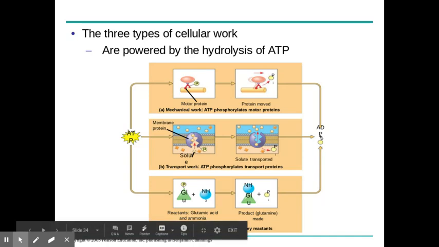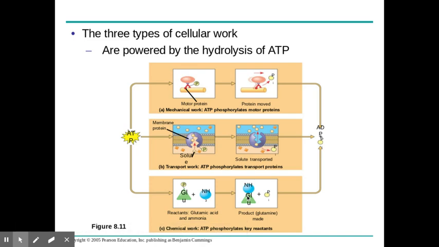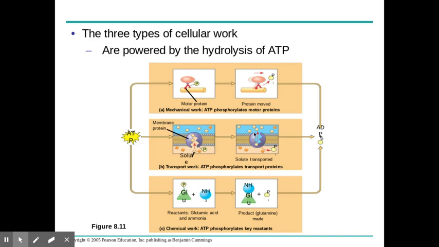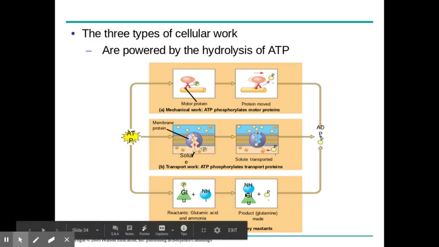And in this case, it's building, and this is an amino acid that got built by phosphorylation. So each one of those, ATP supplied the energy that allowed that to happen. Whether it was moving a muscle, moving a protein on the membrane, or making an amino acid, it was ATP that supplied the energy to do that.